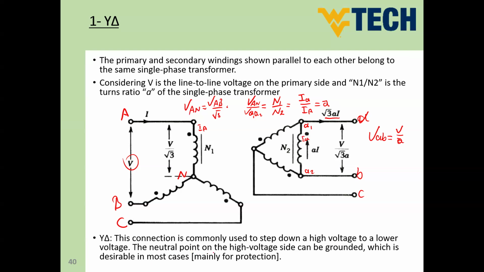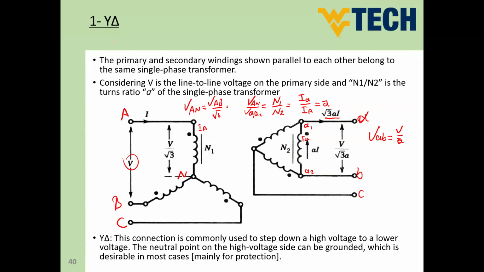The neutral point to the high volt side can be grounded, which is desirable in most cases, mainly for protection. So it's desirable for protection to have ground connection to this neutral point here. So here he mentioned, guys, in the textbook that Y delta connection is used to step down. So you can find this in substations.